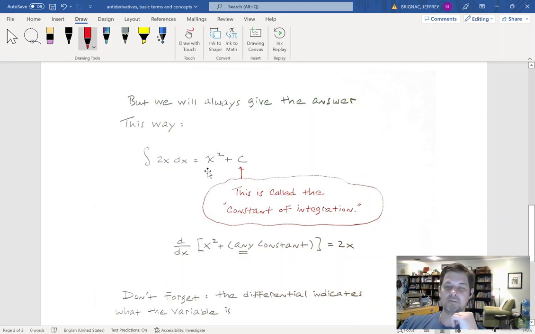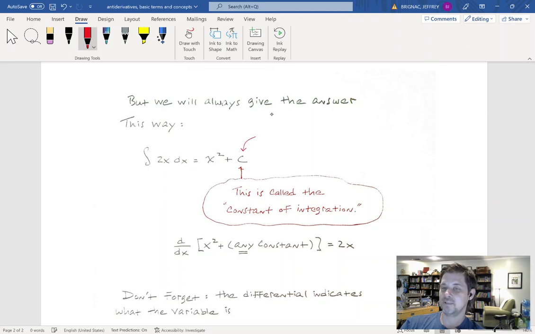And right now I want you to have the awareness that you understand why that capital C's got to be there, right? Just because of this, the derivative of the answer, whatever it is, plus any constant is going to work, because the derivative of any constant is 0. This will always 0 out when you check it, all right?